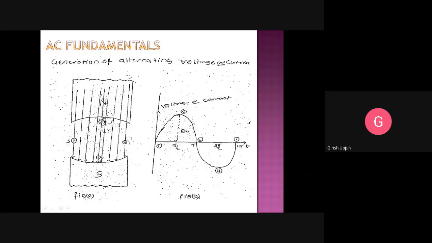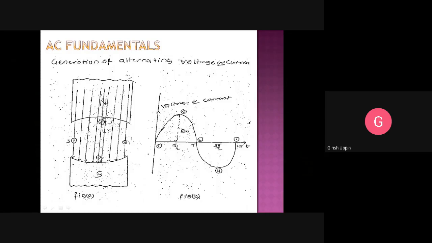The time taken by the conductor to move from position 1 to 2 is represented by an angle pi by 2. If I mark that, this would be the maximum EMF induced in the conductor, EM. EM is the maximum EMF induced.